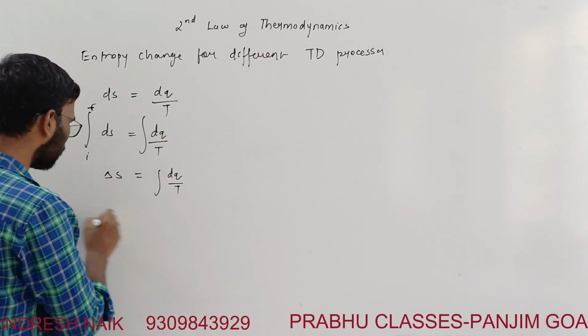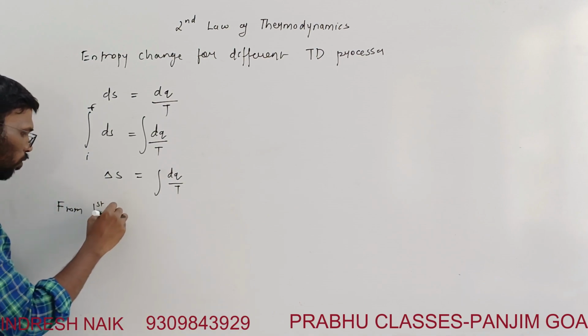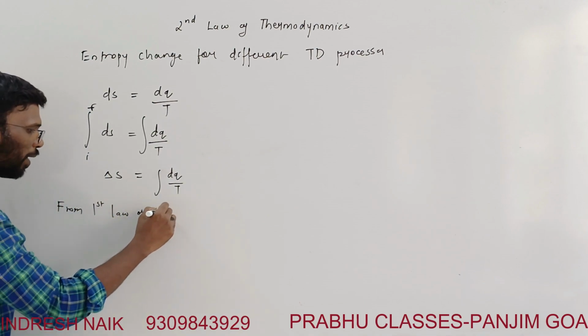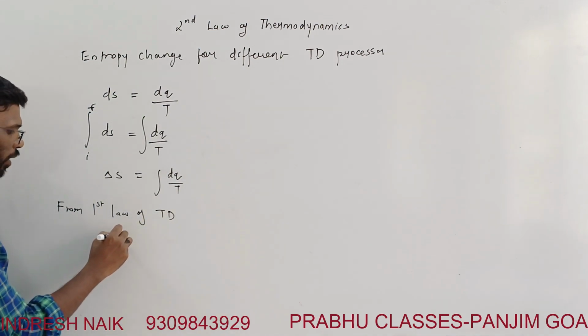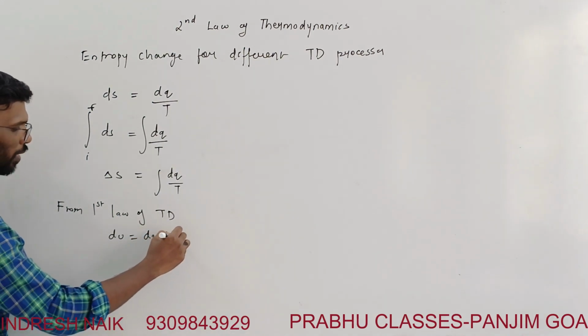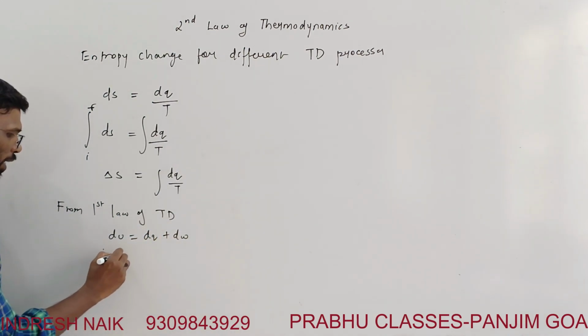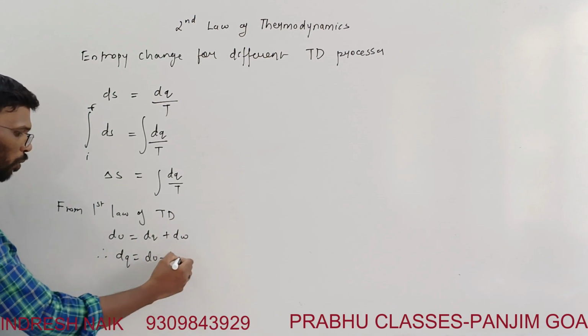Now from the first law of thermodynamics, what do we know? We'll write dU is equal to dq plus dw. Therefore, what is dq equal to? dq is equal to dU minus dw, right?